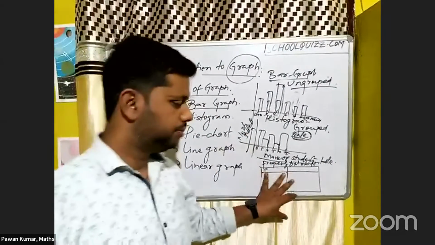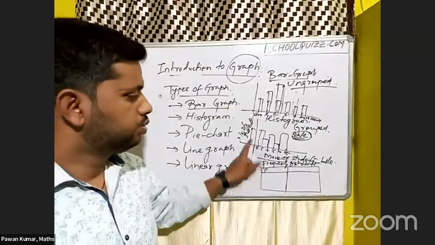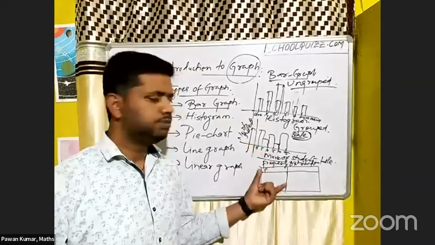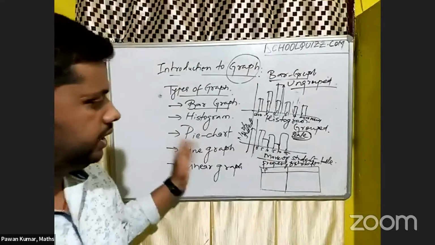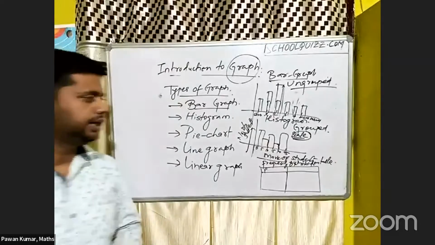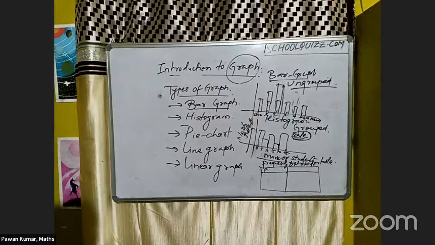So first you prepare the frequency distribution table, then only you go on to the graph. These two things are very important. And wherever you draw the table, it must be close to the graph, either opposite on the left side, or below or above the graph. You have to take care of that. Okay, so this is all about the histogram and bar graph.